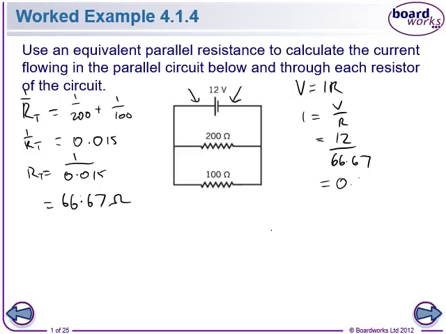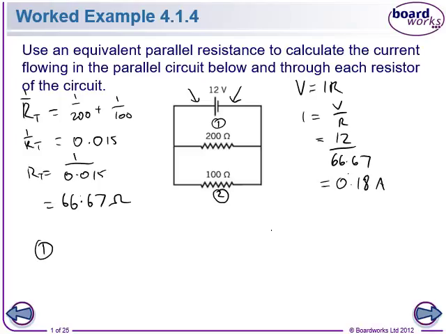And I get 0.18 amps. So adding up, when we get both of our currents here, they should add up to that same thing. All right? So that one's number 1, that one's number 2.